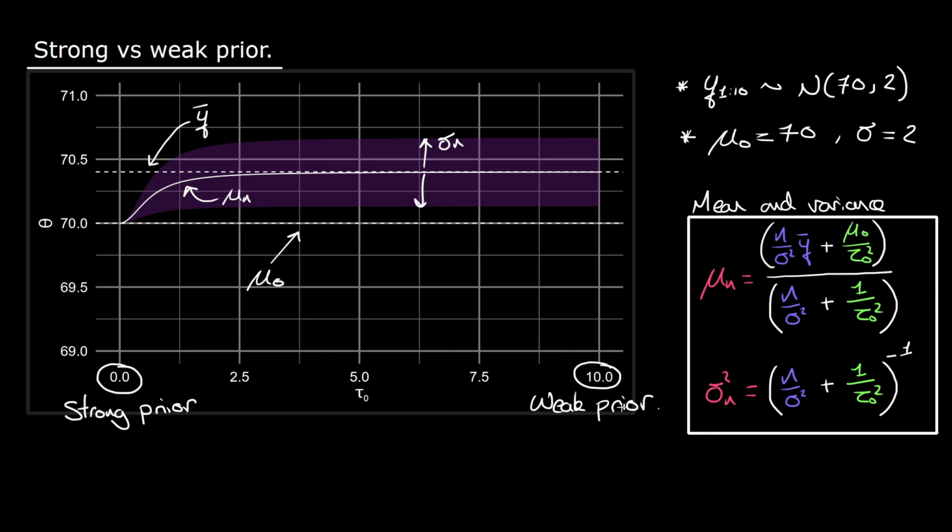We can see this by noting the approximate values for the posterior mean and variance at these extreme points. Near 0, the posterior mean is unchanged from the prior value, and the uncertainty is tiny.